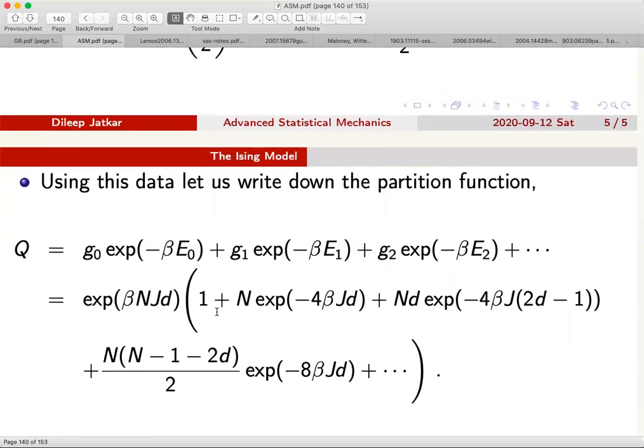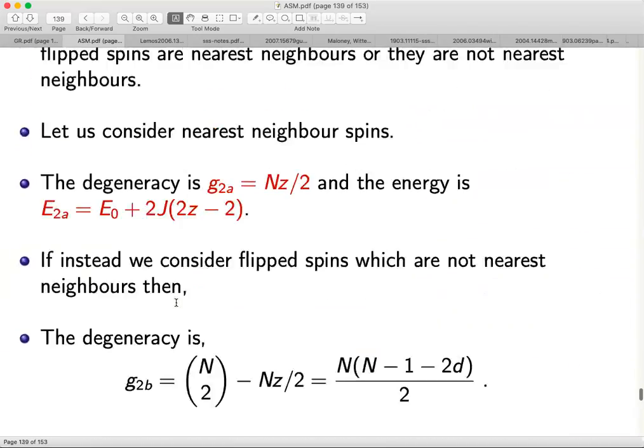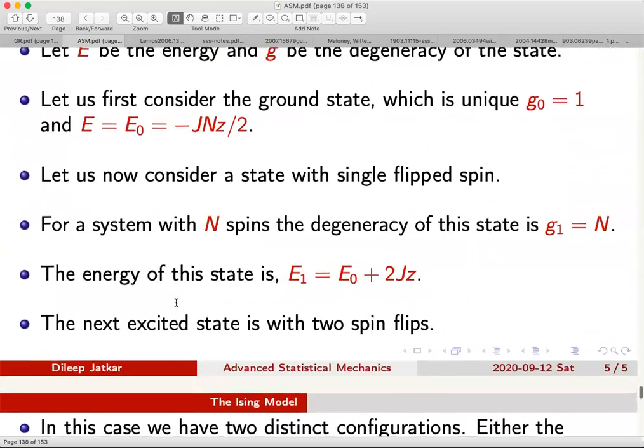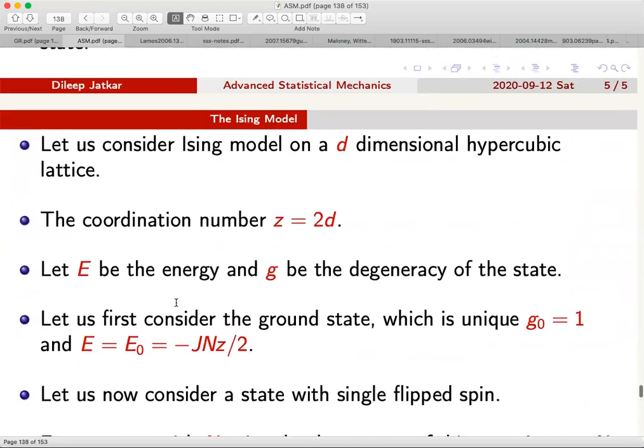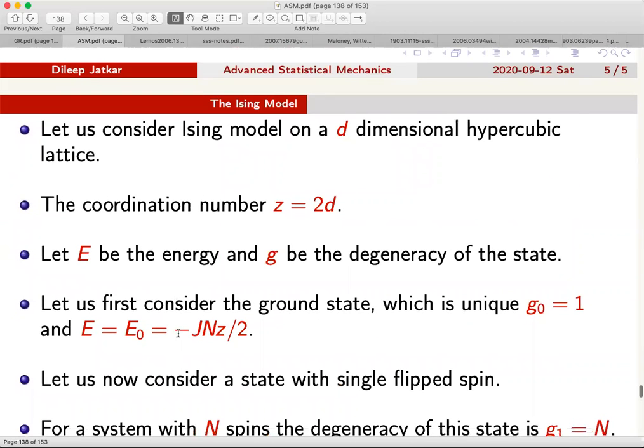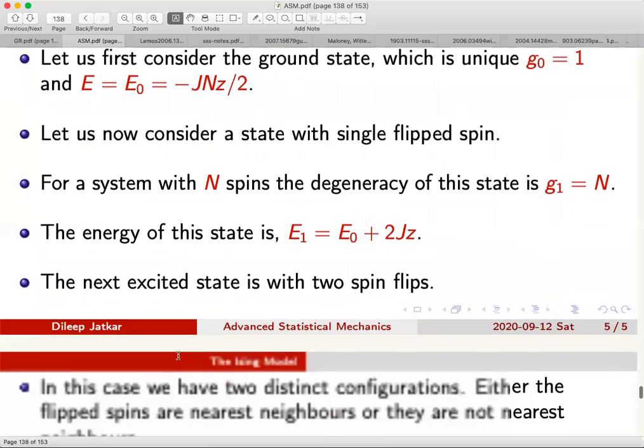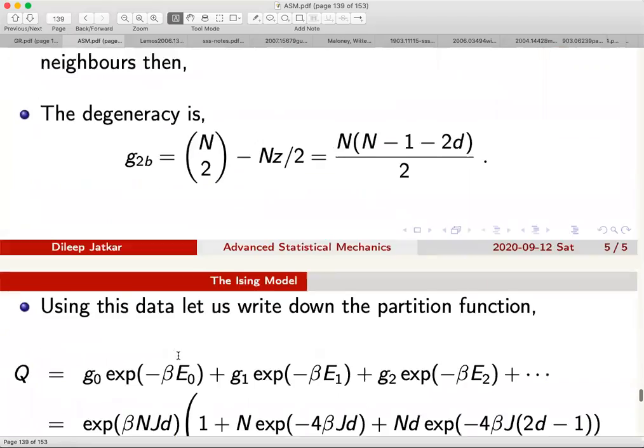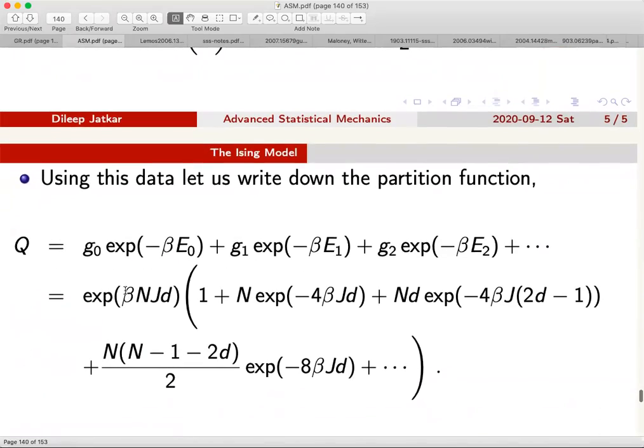The first term is 1 times exponential of beta nJd, and that was the ground state energy. Beta nJz was 2d, so it gives nJd times beta, and the minus sign goes away and gives you a plus.